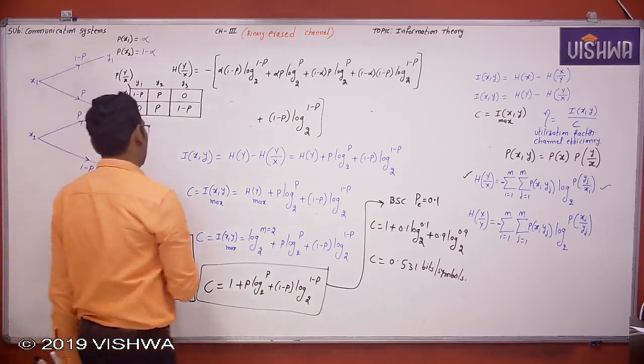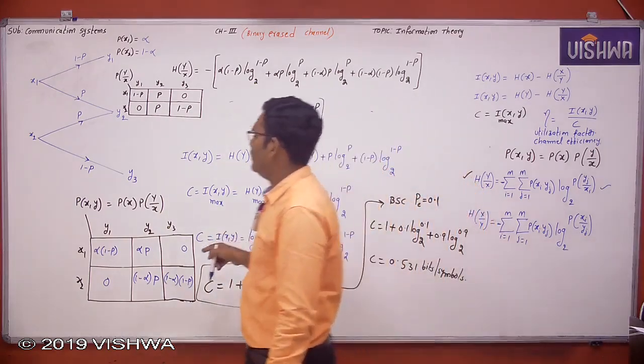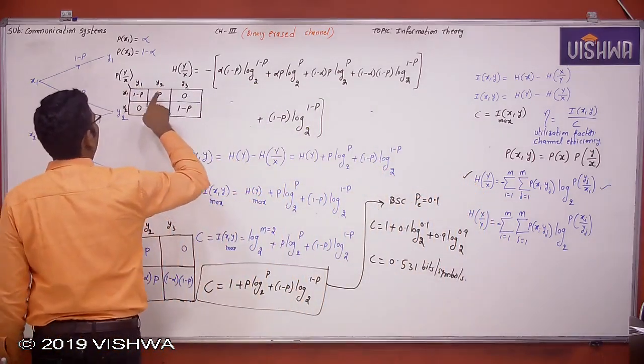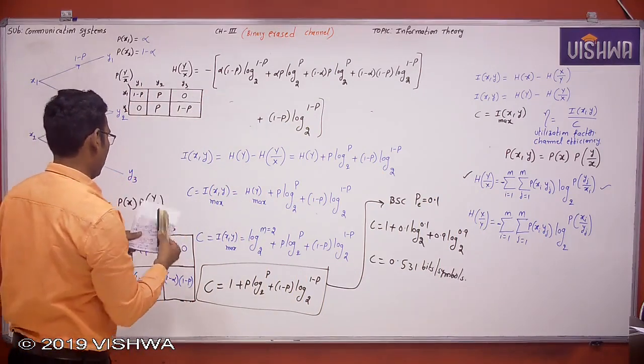Now this is the joint probability. Once the joint probability and the conditional probability are available, we can find the mutual information.